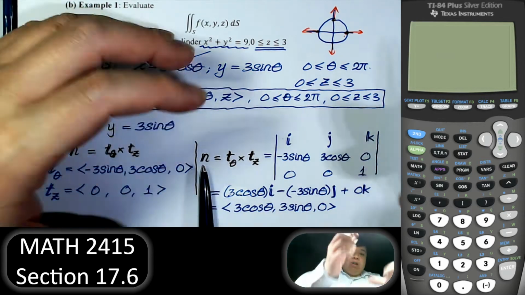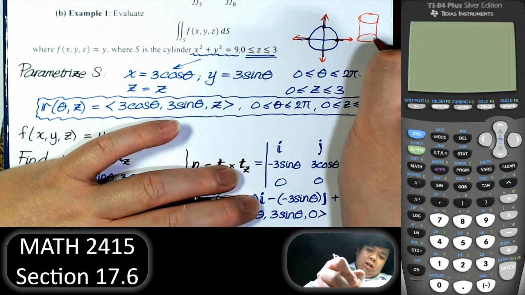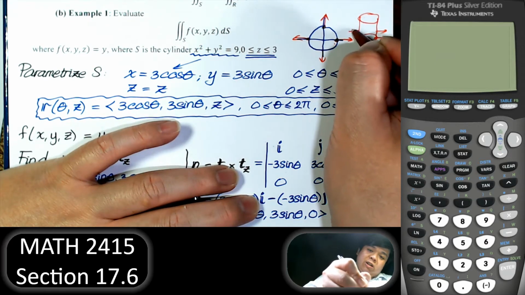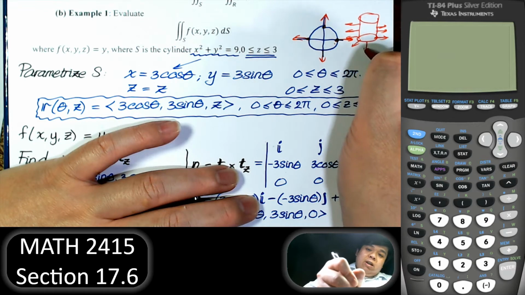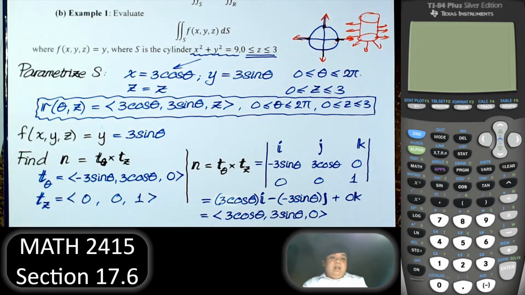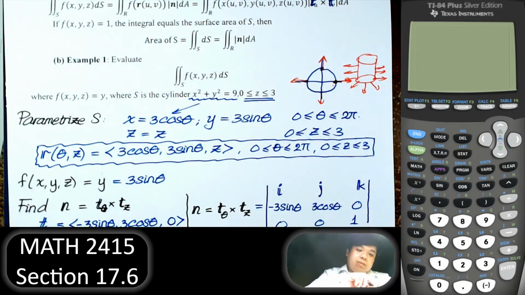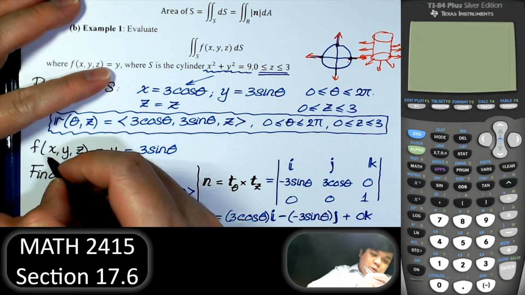So if we talk about the cylinder, the vector will point on the outside. Right, but it is irrelevant. In this example, we just want the magnitude of a tangent vector, so we find the magnitude.